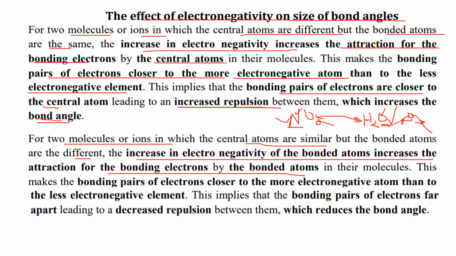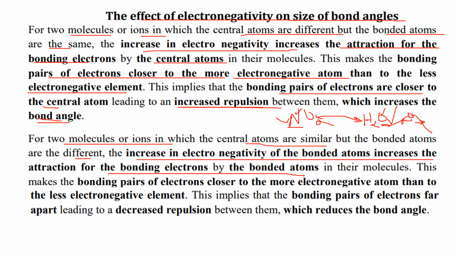Since we are removing bonding electrons from the central atom to the bonded atoms, we shall be reducing the bond angle, since we shall be decreasing the electron density, which will in turn reduce the repulsion between the bonding pairs.